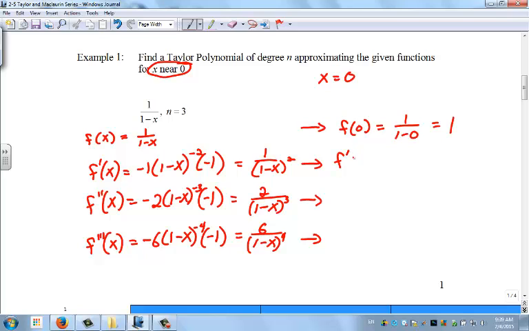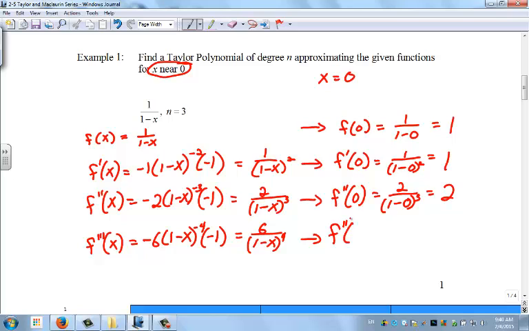F prime of 0 is we're going to plug into the f prime function, so that's going to be equal to 1 over 1 minus 0 squared, which is still 1. F double prime of 0 is equal to 2 over 1 minus 0 to the third, but 1 minus 0 to the third is still 1, so it's equal to 2 over 1.